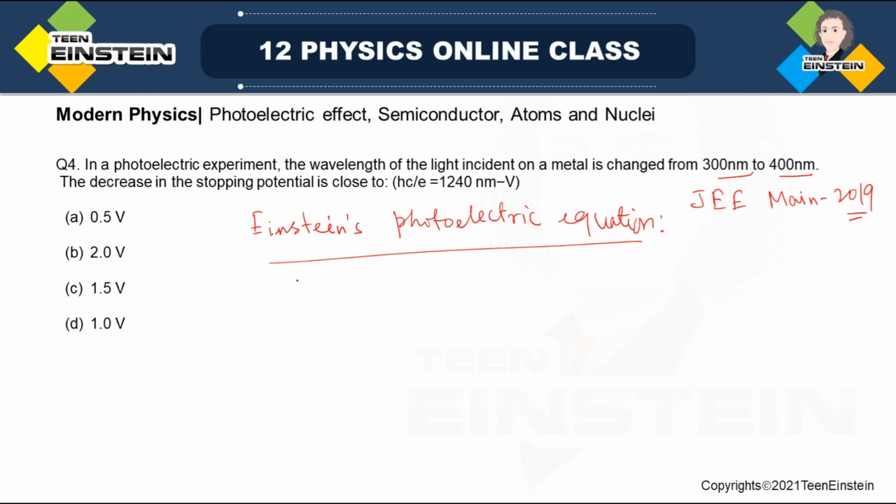Einstein's photoelectric equation is given by h nu is equal to phi, or in other way I'll write, the maximum kinetic energy with which photoelectrons are emitted will be exactly equal to h nu minus phi. Phi is the work function, and this is the energy of the incident radiation. So this Kmax can be written as eV if these are converted into electron volt. Okay, this h nu can be written as hc by lambda.